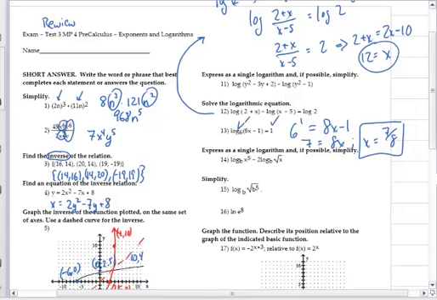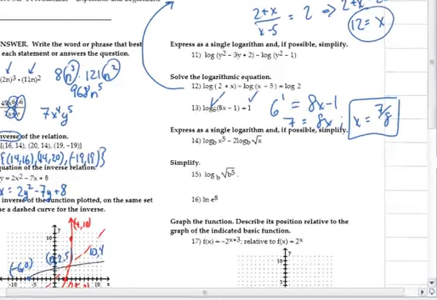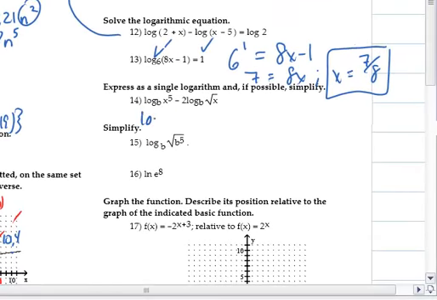The next problem is just asking to express this as a single logarithm. So that's a simplification process. So we're going to just compress the two logarithms. Well, I'm going to first write this as log base b of x to the 5th minus log base b of the root of x squared.